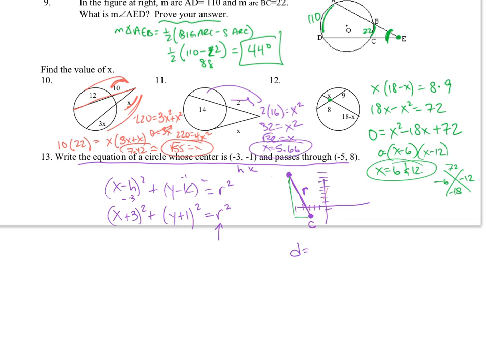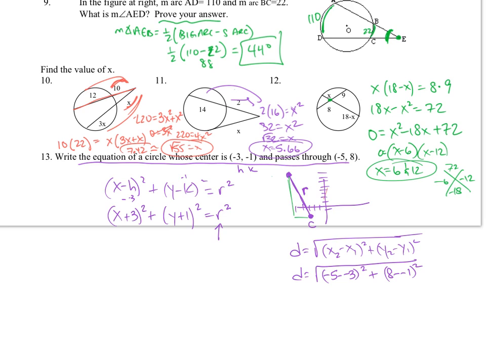The distance formula is the square root of x2 minus x1 squared plus y2 minus y1 squared. And you're just using these 2 points. So the distance between those 2 points will be -5 minus -3 squared plus 8 minus -1 squared.